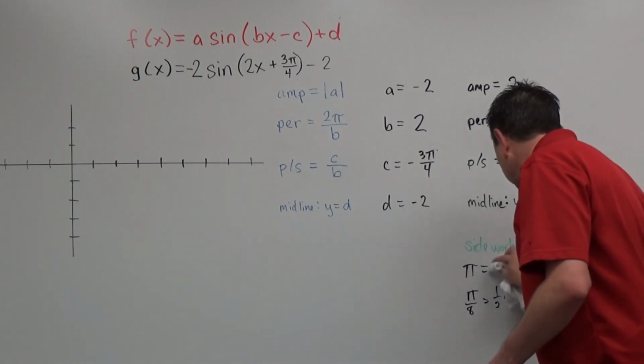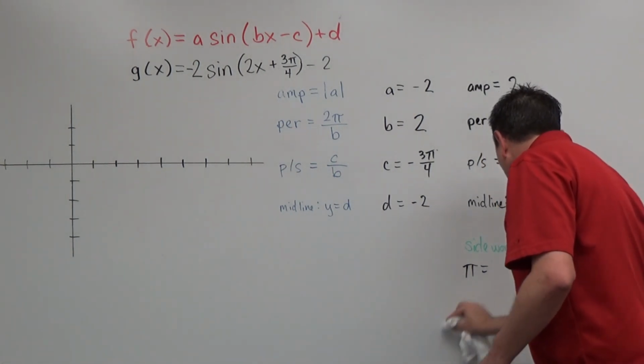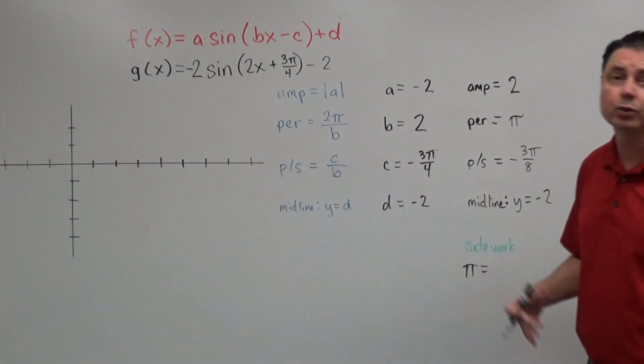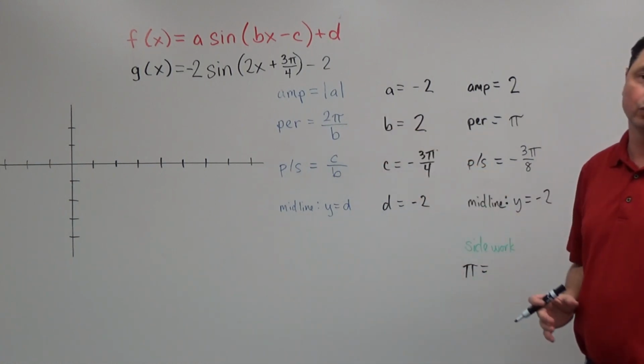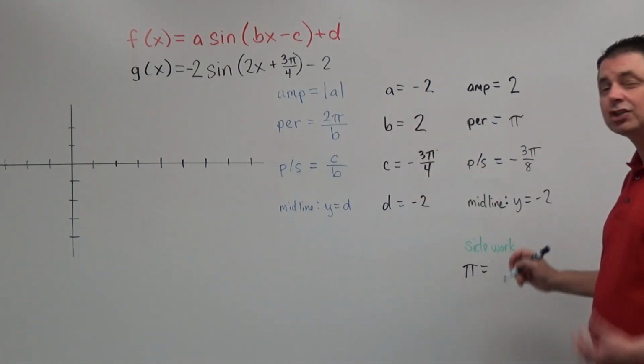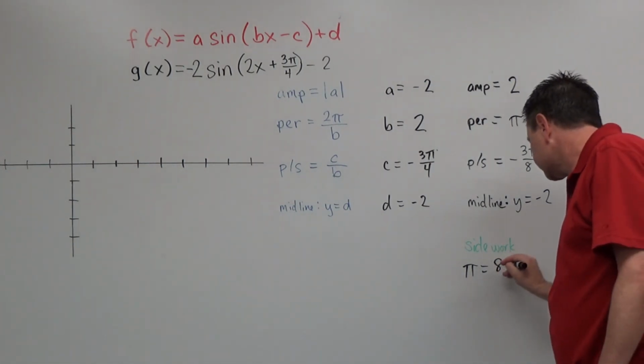So 4 spaces isn't going to work. I do need it to be some multiple of 4 because of the way the coordinate system works with the quadrants. So I'm going to try 8 spaces.